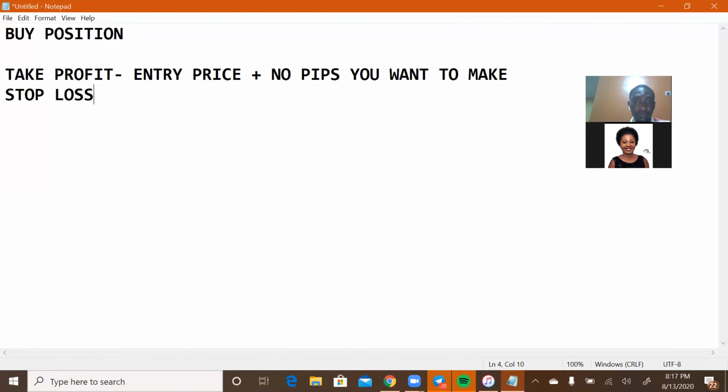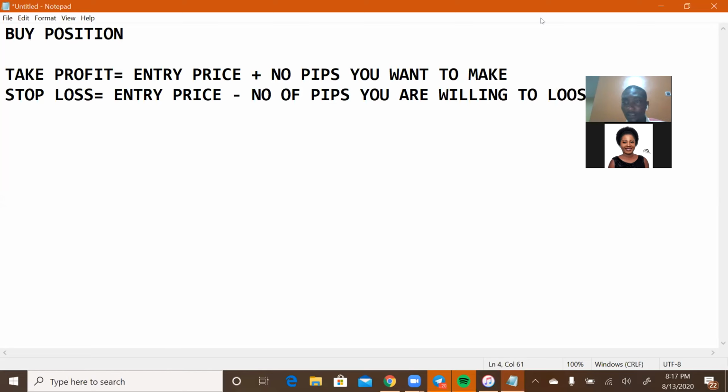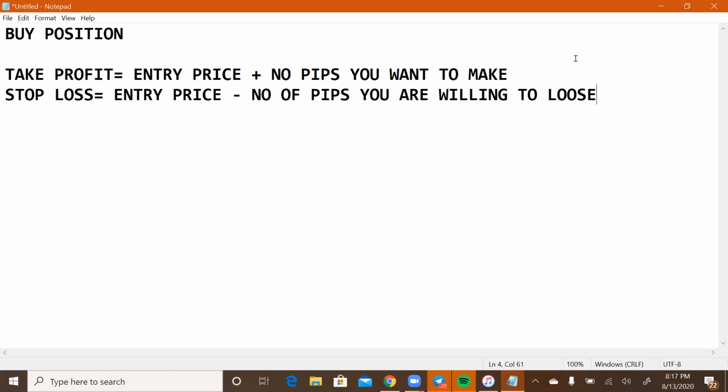While your stop loss is equal to your entry price minus the number of pips you want to lose, or you are willing to lose. All right. So that is it. Okay. While in a sell position, guys, it is the opposite.